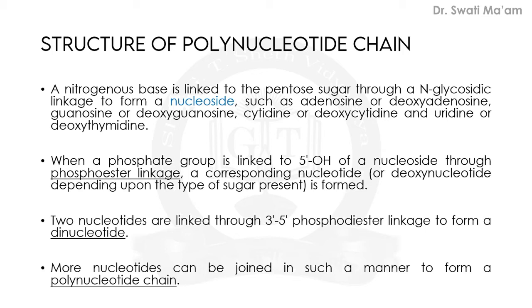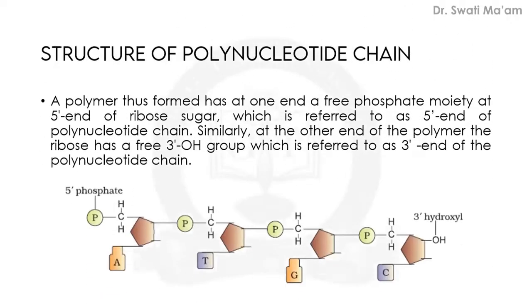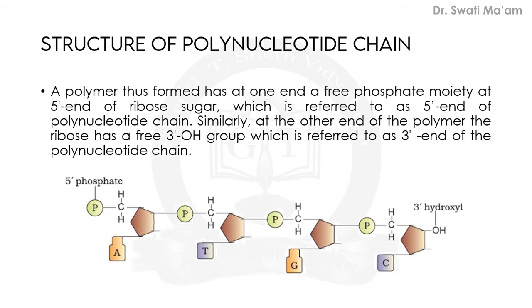We completed this in the last session, and today we are going to continue with the same topic, the structure of the polynucleotide chain. Here I have shown you the chain from the last session. This is a single nucleotide, second nucleotide, third nucleotide, and fourth nucleotide, so it is making a polynucleotide chain.